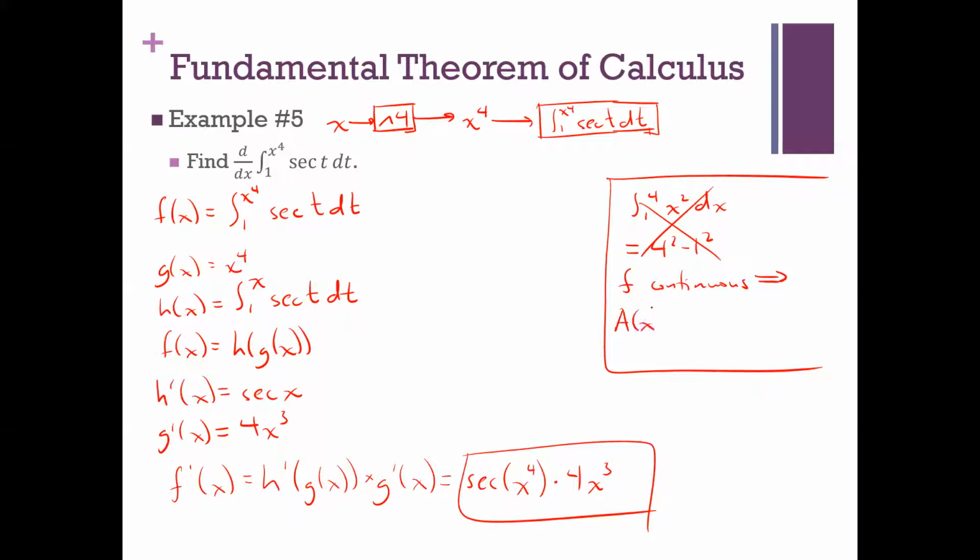Might have been a, but a of x, this right here, from a to x of f of t dt. This function a is an antiderivative of f.